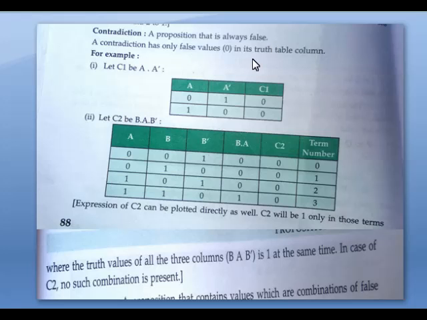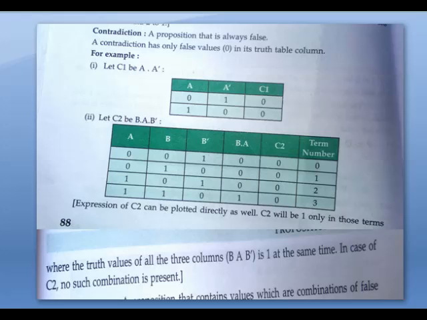For example, A into A dash. A has value 0 and 1. A dash has value 1, 0. A into A dash: 0 into 1 is 0. 1 into 0 is 0. Okay. So if the output column consists of only 0, then the proposition is called a contradiction.